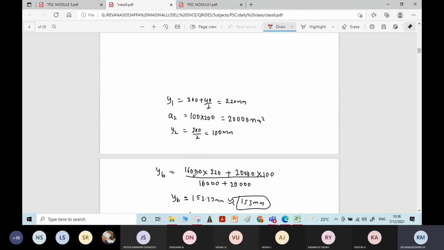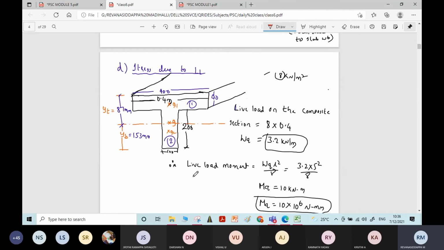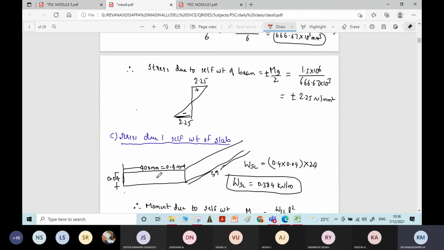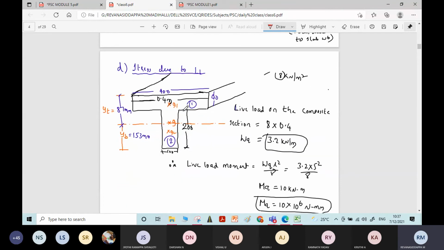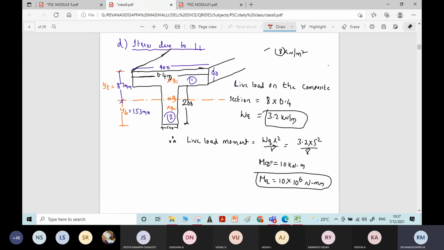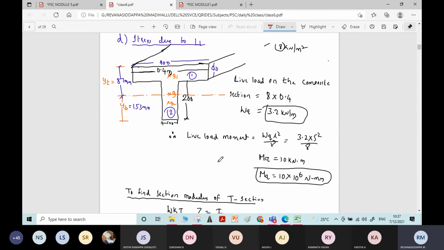Why? Because in case of unpropped construction, the self weight of the slab will act as dead load on the beam. So section modulus with respect to the cross section of the beam we have taken. But in case of propped construction, it will act as a whole, as a monolithic T beam.